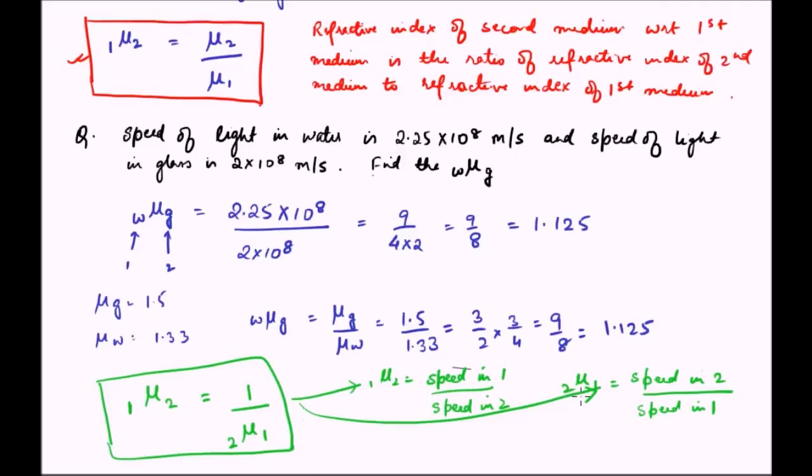Suppose this has to be a straight line. So suppose a light is going like this. So this has to be rarer and this has to be denser.